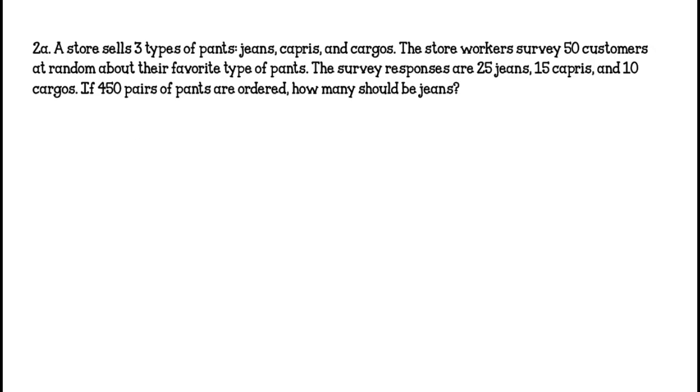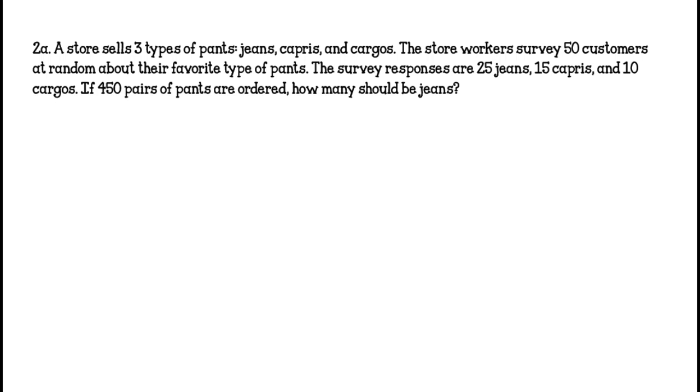A store sells 3 types of pants: jeans, capris, and cargos. The store workers survey 50 customers at random about their favorite type of pants. The survey responses are 25 jeans, 15 capris, and 10 cargos. If 450 pairs of pants are ordered, how many should be jeans? The first thing we need to do is say, is this valid? It is, because it was a random sample.